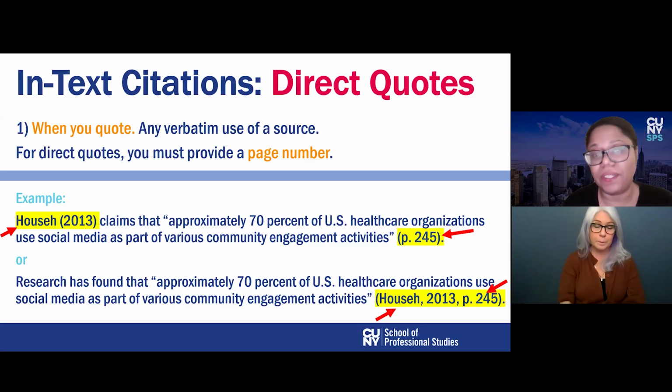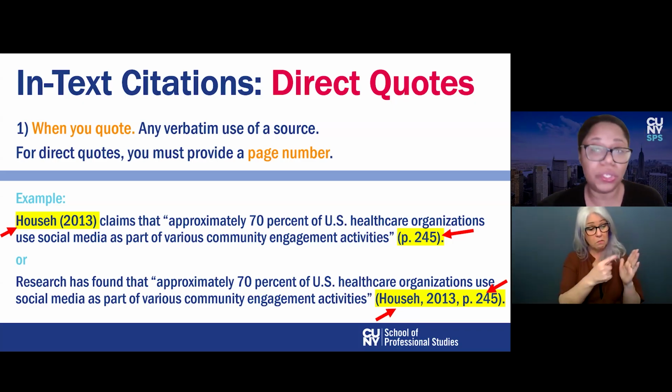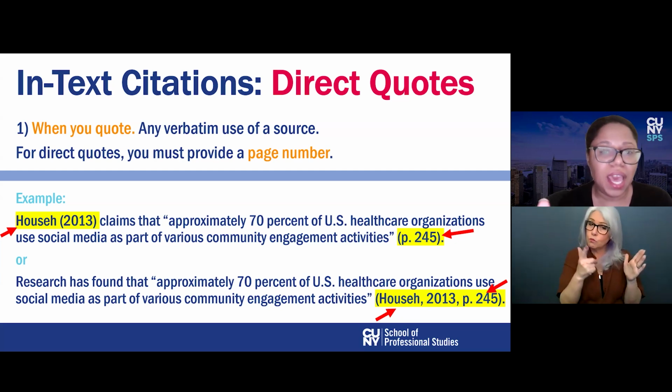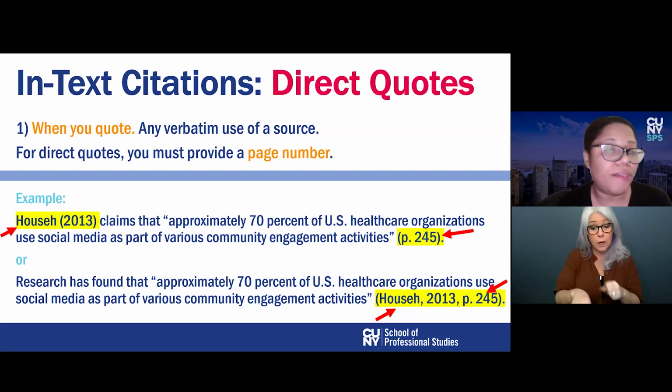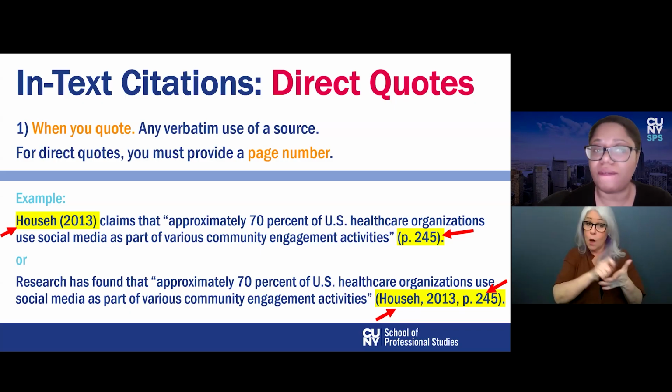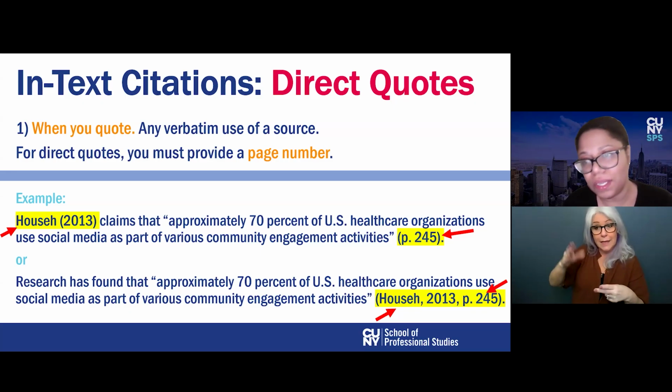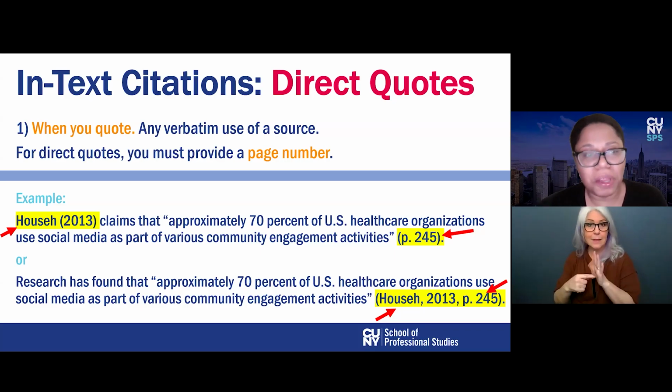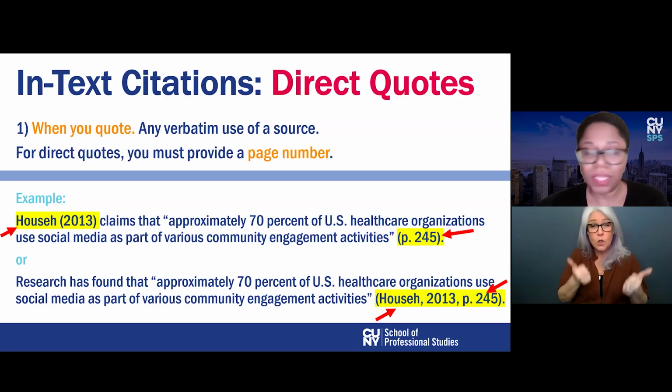Both of these examples are appropriate, so you can choose whichever one you would like, whether you would like to have the author's name in the sentence, like in the first example, or in the parentheses, like the second. Best way to decide is really to think about which one reads better.